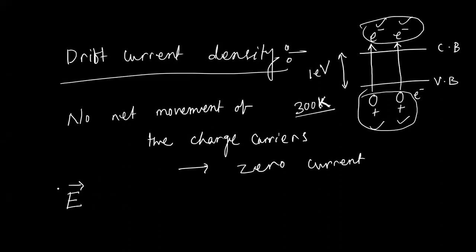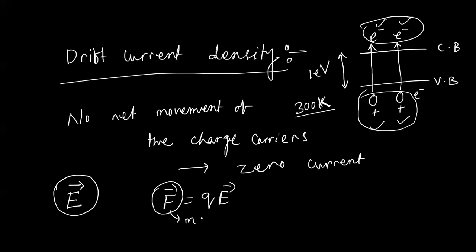We said F is equal to QE, I'm repeating it again, F is equal to QE. So there will be a gain in velocity of these charge carriers as per the direction. Electrons will move opposite to the applied electric field, and holes will move along the direction of the applied electric field. So the carriers acquire an average increment in velocity.